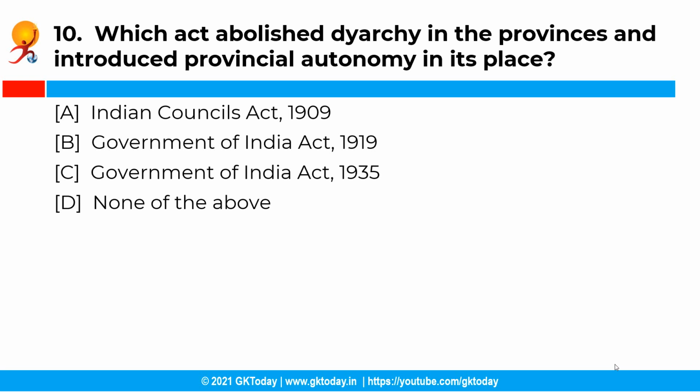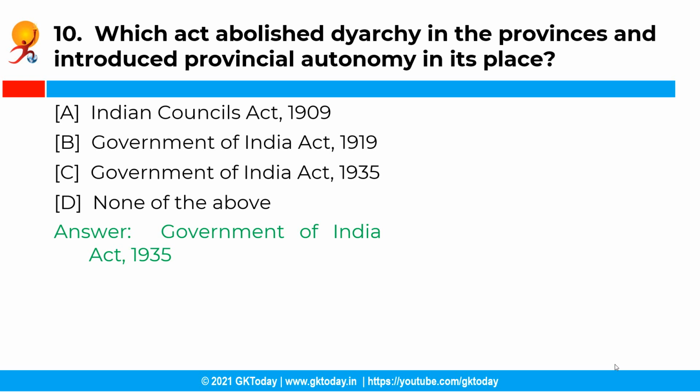See, the answer is option C, that is Government of India Act 1935. See, the Government of India Act 1935 allowed provinces to act as autonomous units of the administration in their defined spheres, and it introduced responsible government in the provinces. That is, the governor was required to act with the advice of ministers responsible to the provincial legislature.